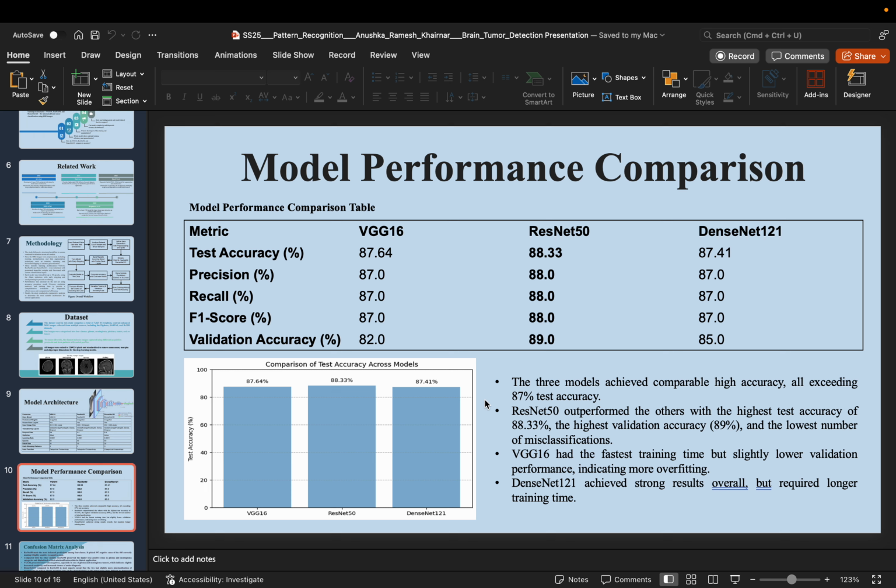ResNet50 stood out with the highest test accuracy of 88.33% and the highest validation accuracy of 89%. VGG16 was the fastest to train but showed more signs of overfitting. And DenseNet121 delivered a strong result but required more computational time.